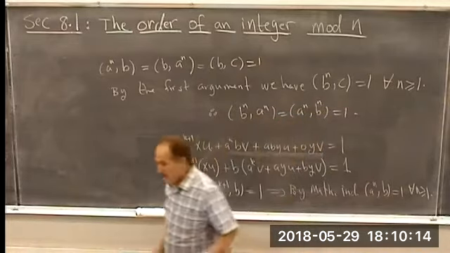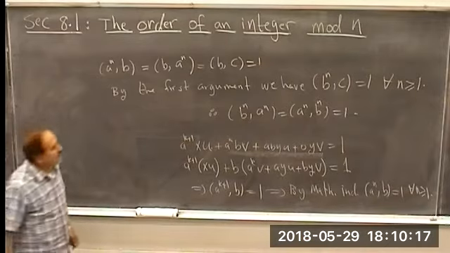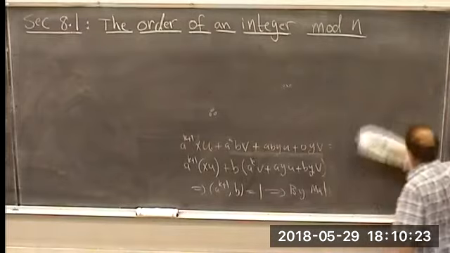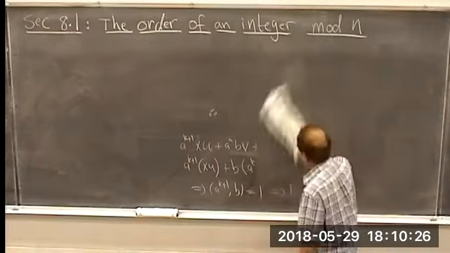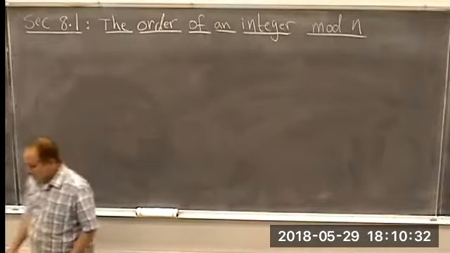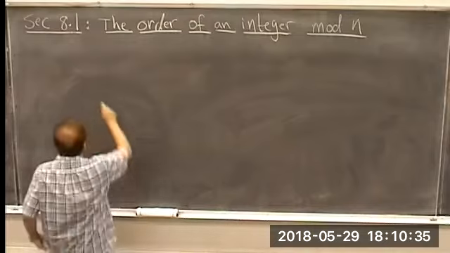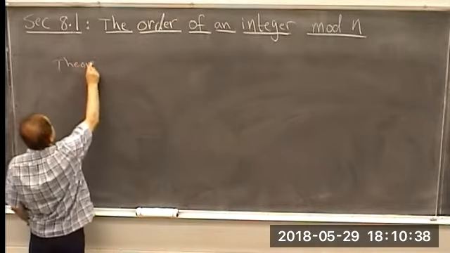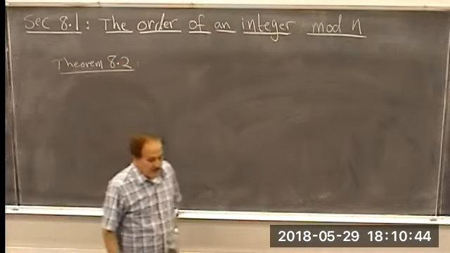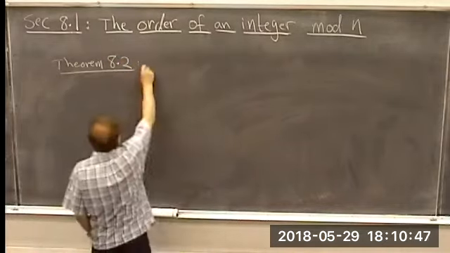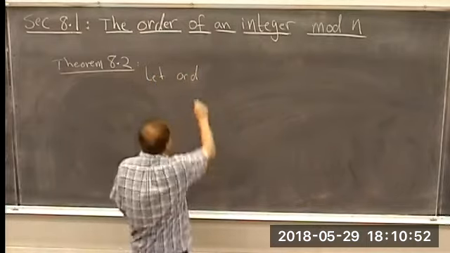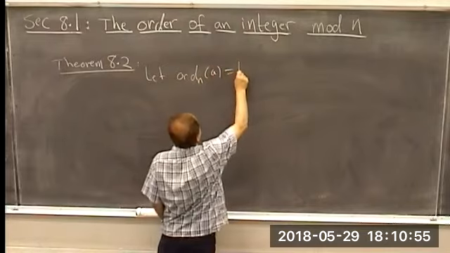Okay. All right, now we come to the next theorem. And this is theorem 8.2. It says, let the order of A equal k.